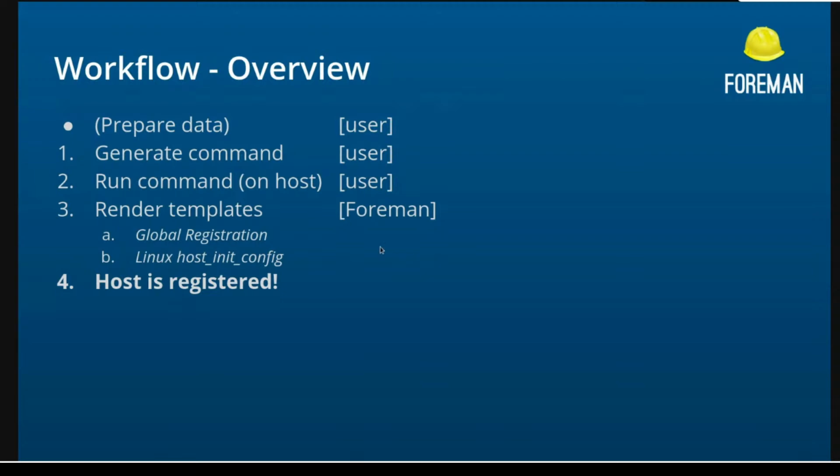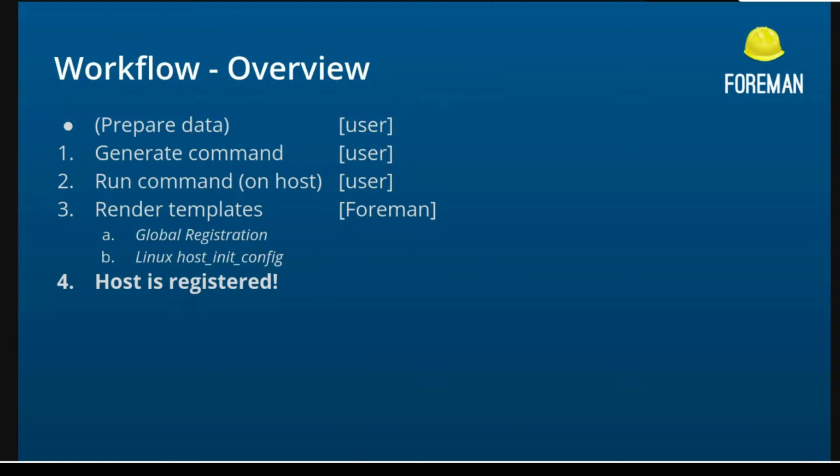The global registration template contains preparation steps and the actual registration, and the Linux host initial configuration contains steps about initial configuration of the host, like installing packages, deploying SSH keys. I'll show you all the stuff later. And the last step is that the host is registered, and voila, that's done.